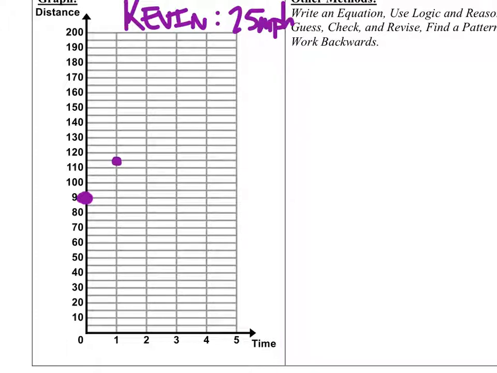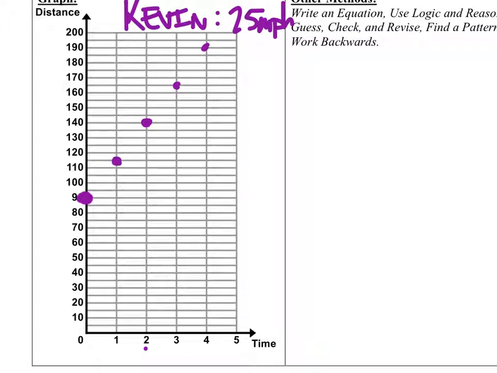If we add another hour, so this would be 2 hours now, we're just going to tag on another 25 miles from 115, so I get 140 in the 2 hours. And in 3 hours, another 25, so that's 165 right here. And then another 25 should put us at 190.